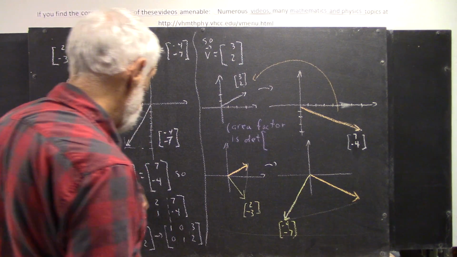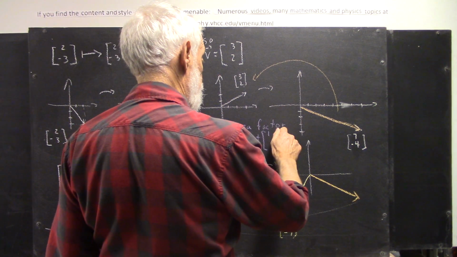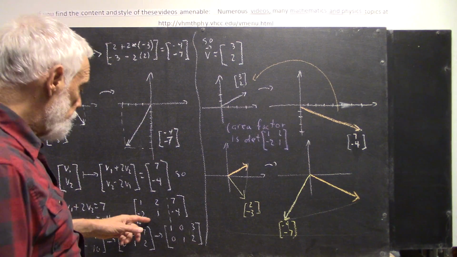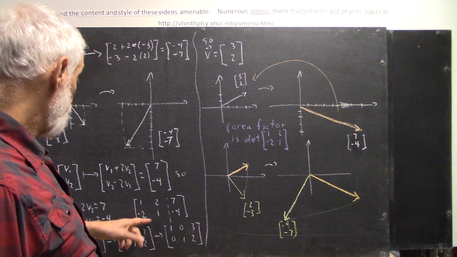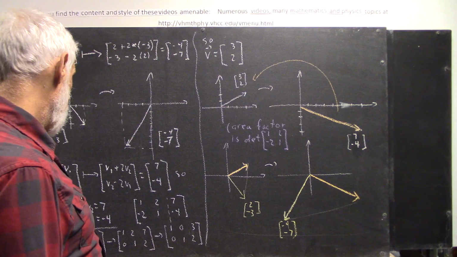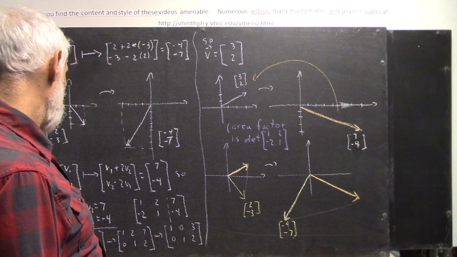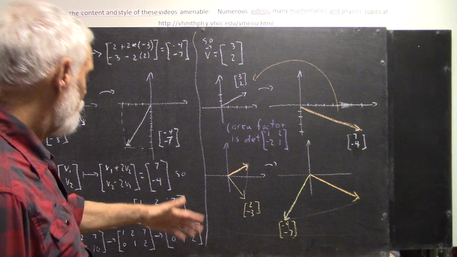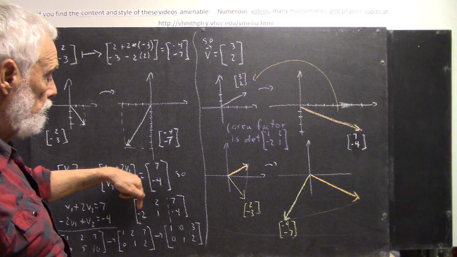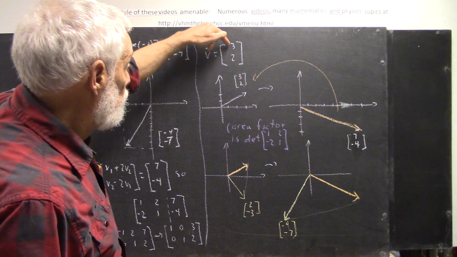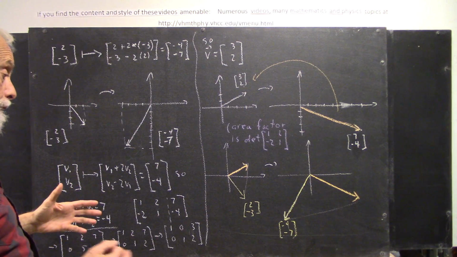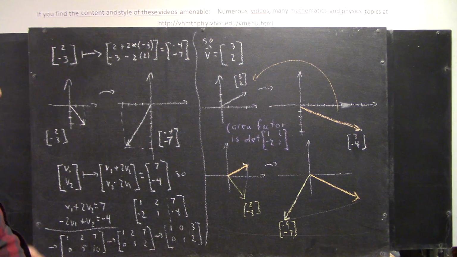The transformation matrix being 1, 2, negative 2, 1. Now we understand that this is the transformation matrix because if we multiply the matrix 1, 2, negative 2, 1 by the vector 3, 2, we will get 7, negative 4. That's the vector equation.